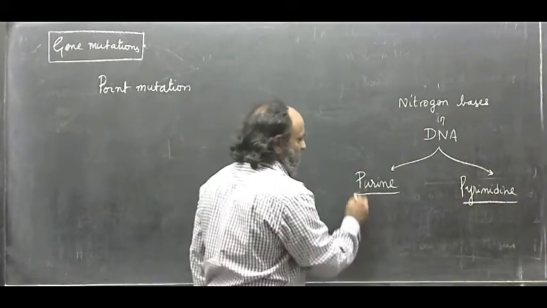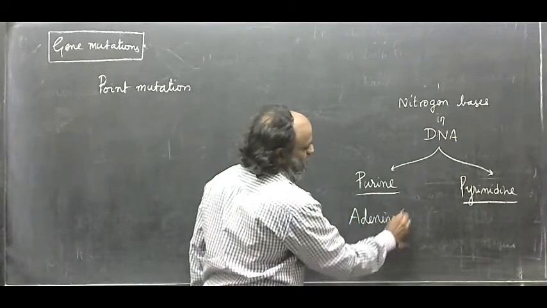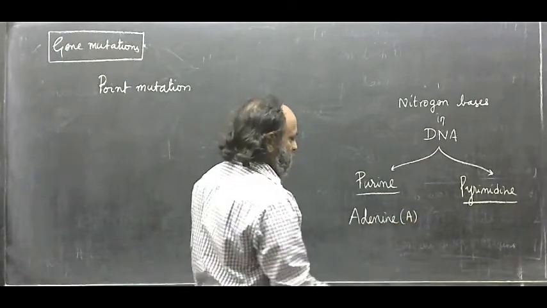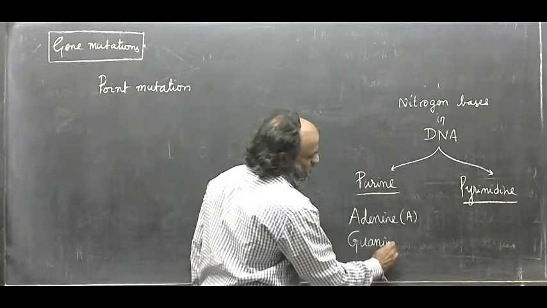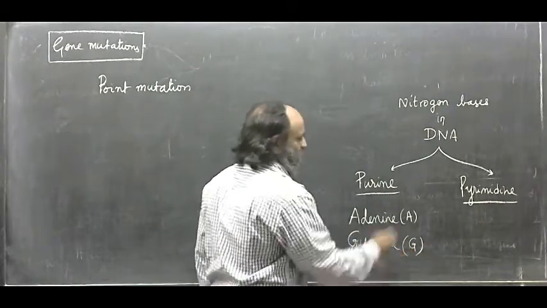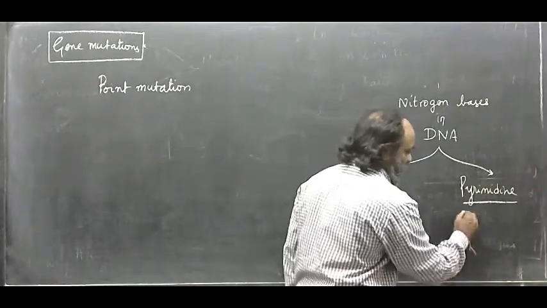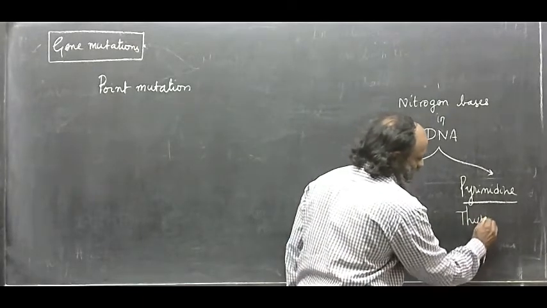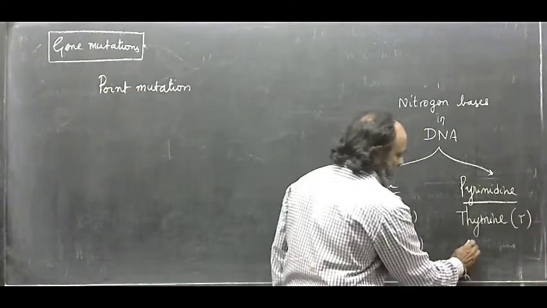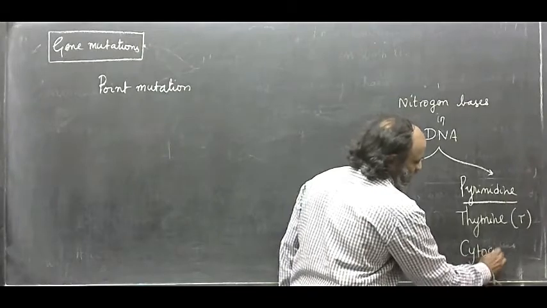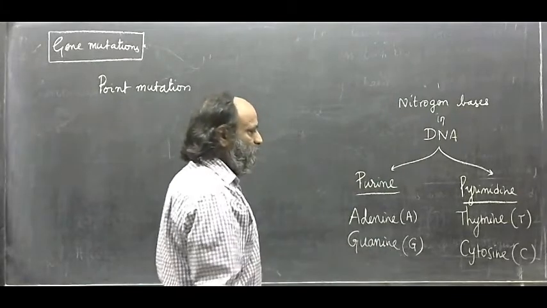The purine bases in DNA are adenine and guanine. The pyrimidine bases in DNA are thymine and cytosine.